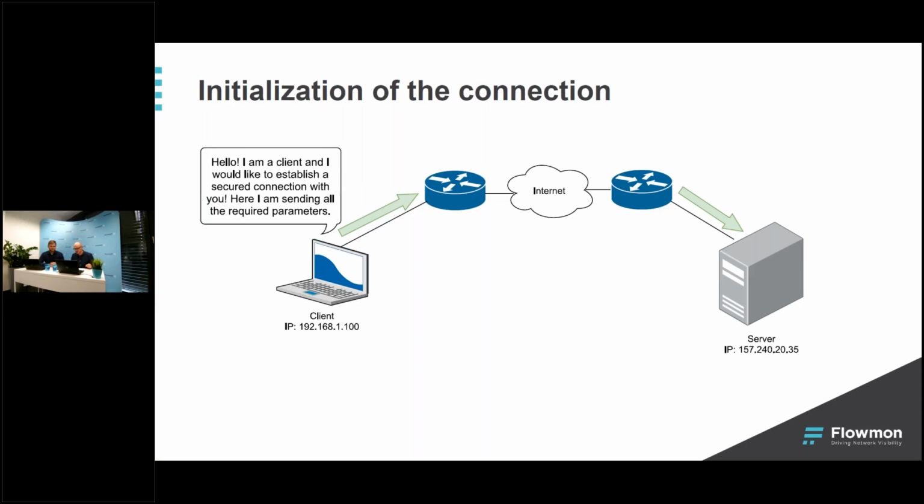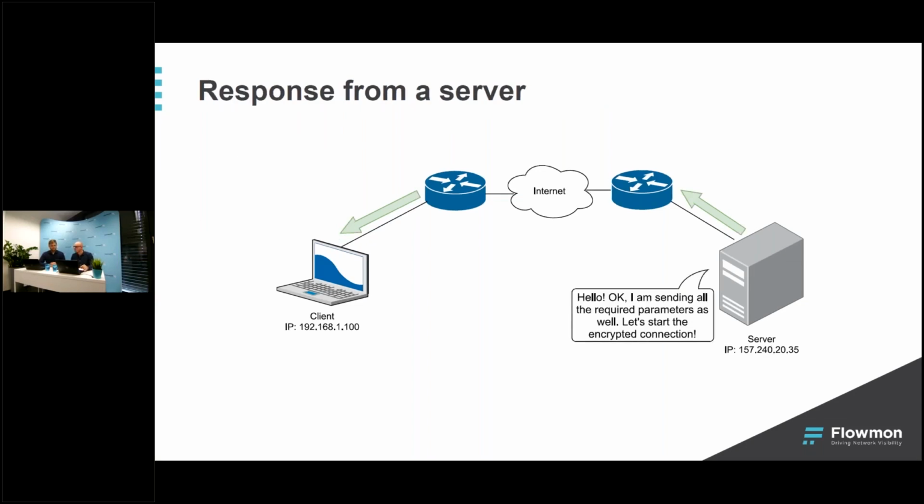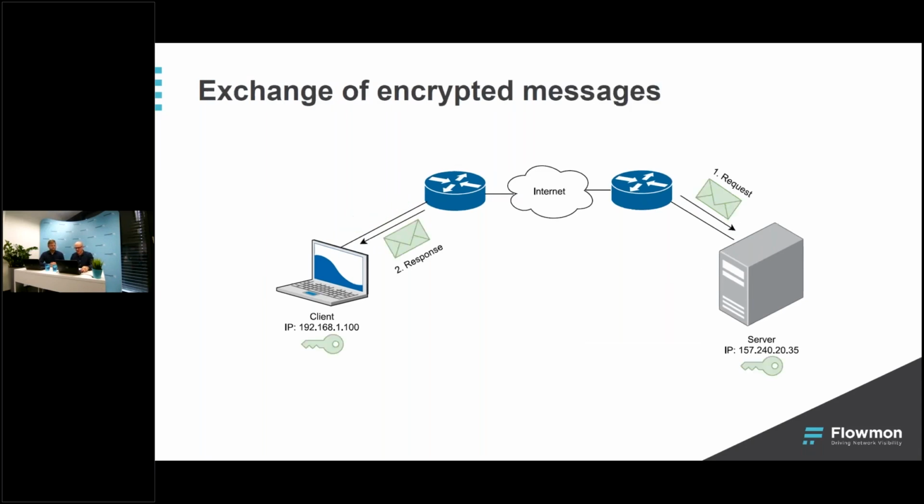establish an encrypted connection." Then the server responds with another packet. They exchange some packets with parameters that are necessary to negotiate the encrypted session. As a result of this negotiation, they establish a common shared encryption key that is used for encrypting and decrypting messages.